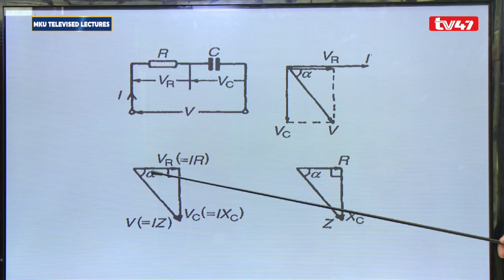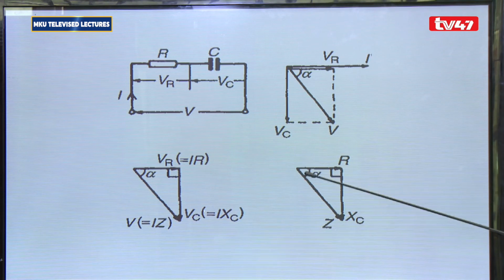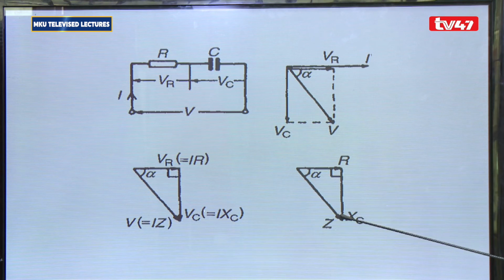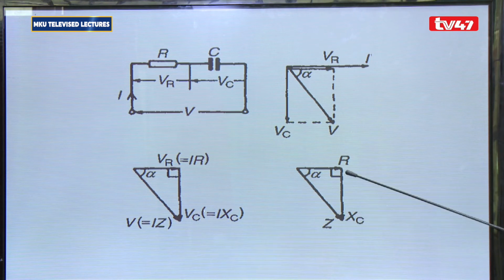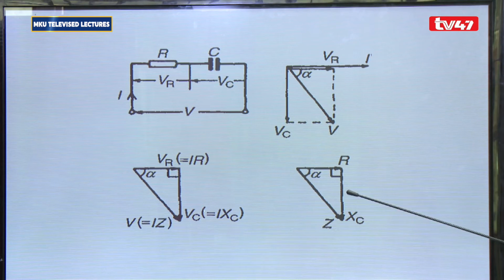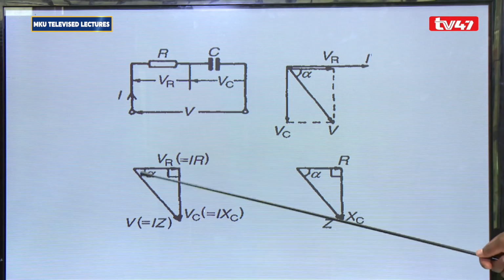And of course, again, this is also the power factor angle, because as you can see from this impedance triangle here, we have got the R, we have got the reactance of the capacitor, and here we have got the impedance, which is the resultant of R squared plus XC squared, and then square root of that, you get Z. And therefore, this angle is the same as that angle.